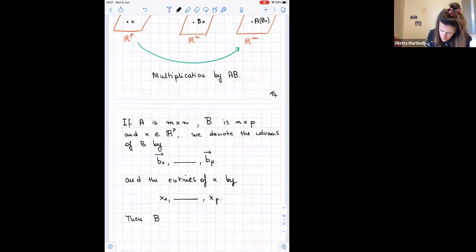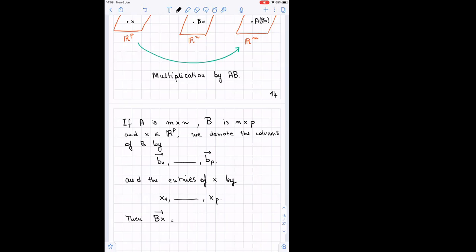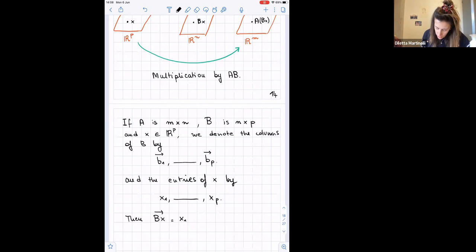So Bx, we just said it is a vector, and is exactly the vector given by... Yeah, I think Bx should be equal to x1 B1 plus, a linear combination. Exactly. It's a linear combination of x1 B1 and so on.